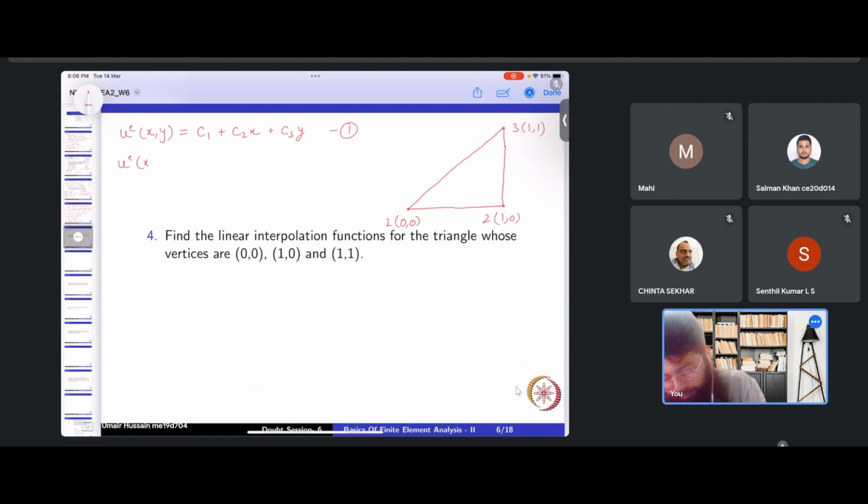And using the nodal values, u should be equal to u1 psi1 plus u2 psi2 plus u3 psi3. This becomes the second equation. So again we follow the same procedure.